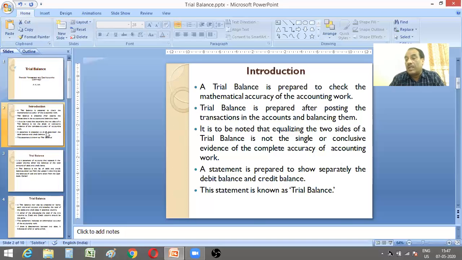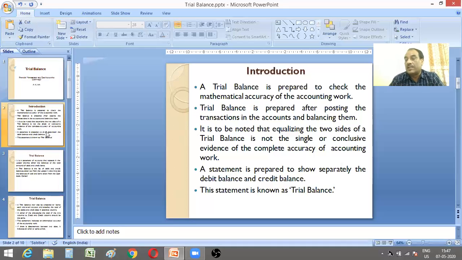Sometimes some errors may happen in the ledger, in the accounting work, due to omission or wrong entry of the data. So it is possible. A statement is prepared to show separately the debit balance and credit balance. When we prepare the trial balance, we prepare separate statements showing debit balance and credit balance.